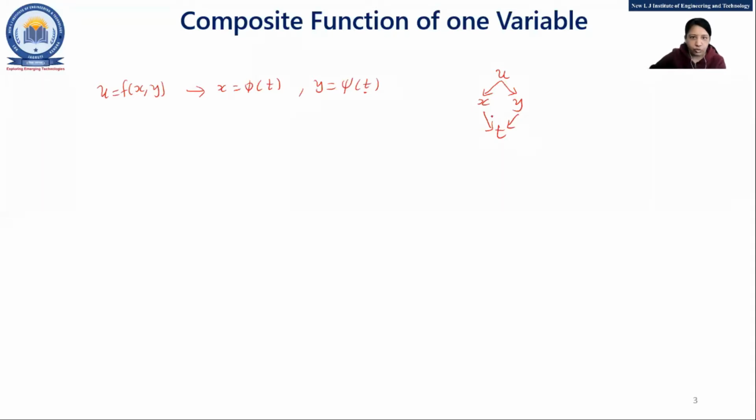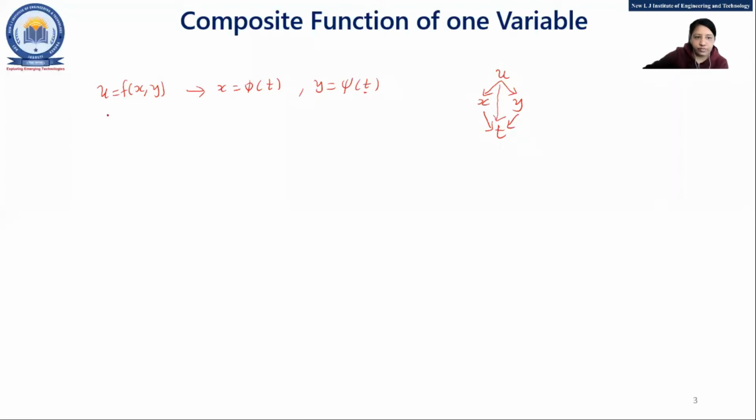Because if you want to find this direct du by dt, how are we going to do it? Is there any doubt? Fine. So this u is called a composite function of the single variable t.